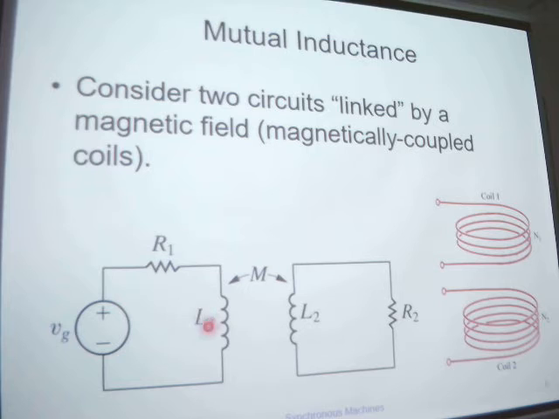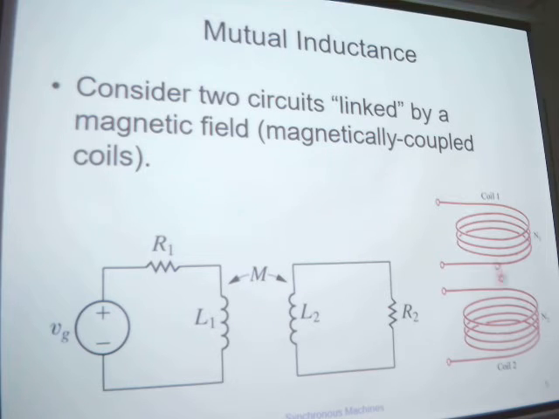In this circuit, L1 is the inductance of coil 1, L2 is the inductance of coil 2, and R1 and R2 are the resistors of the coils.